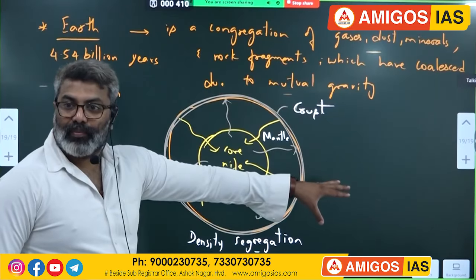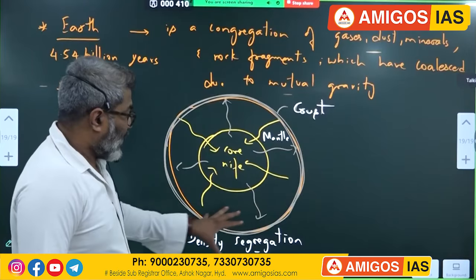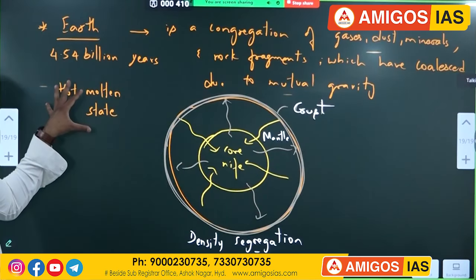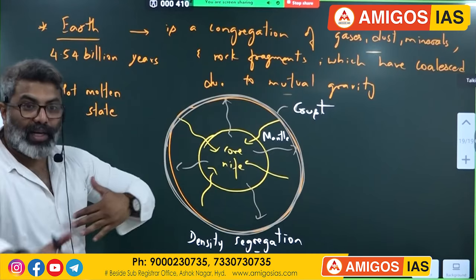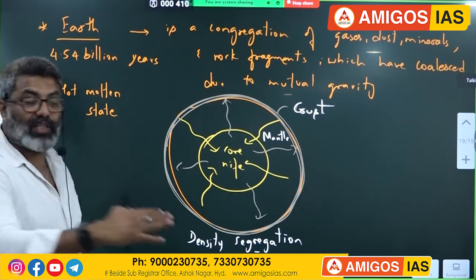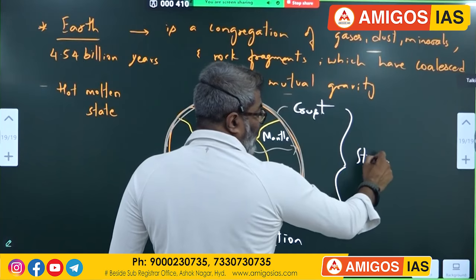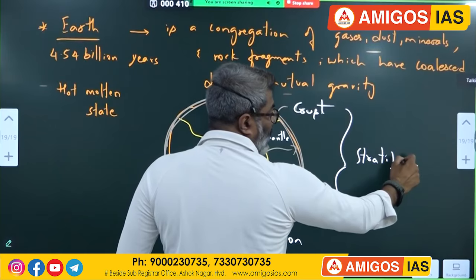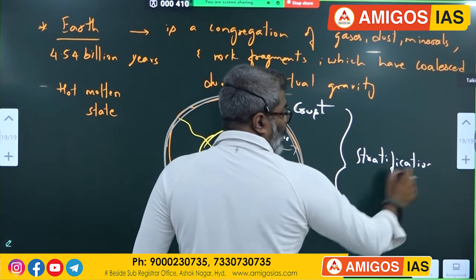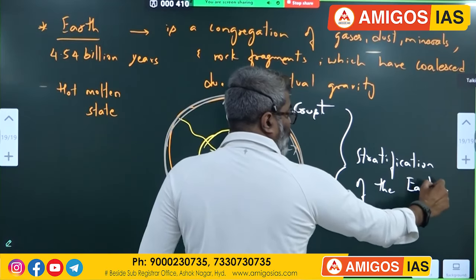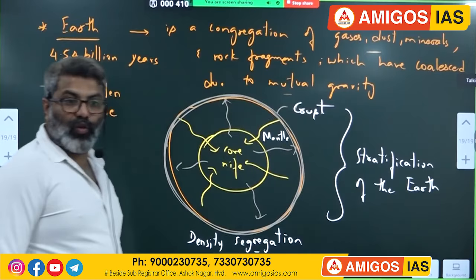Like that, Earth also, initially, was a random arrangement. Slowly, they all got separated, forming 3 layers: crust, mantle, core. This is called stratification of the Earth. So this is how 3 layers were formed.